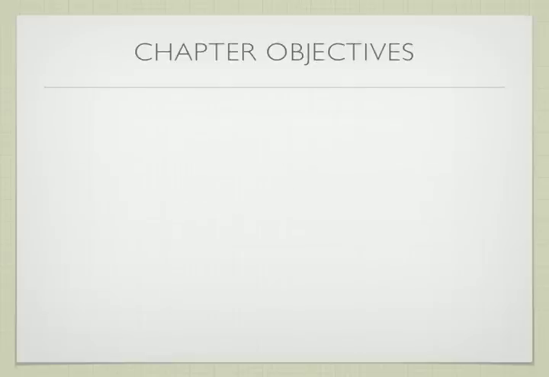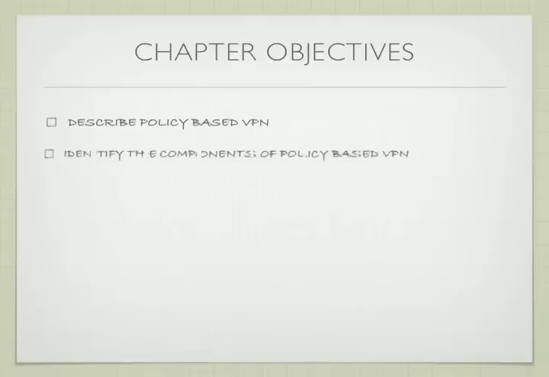So at the end of this session, you'll be able to describe the policy-based VPN implementation on the ScreenOS firewalls. You'll be able to identify the components that need to be configured for policy VPN to work in ScreenOS.